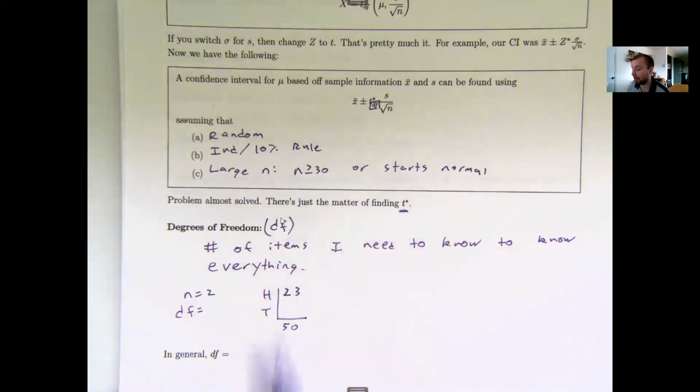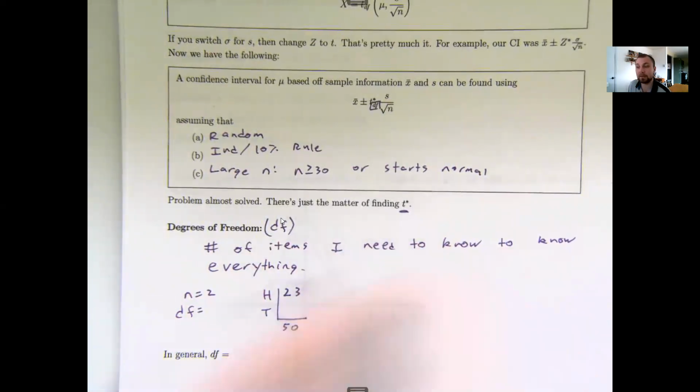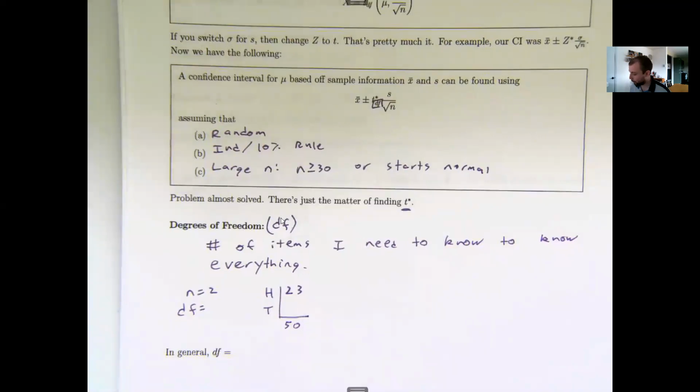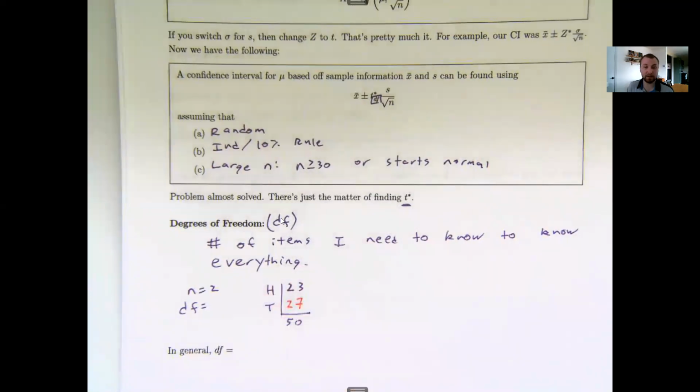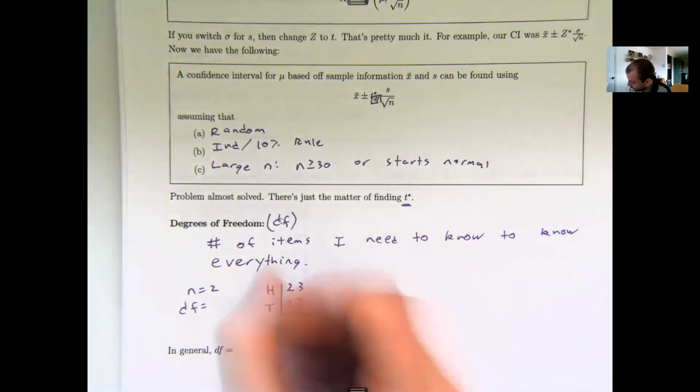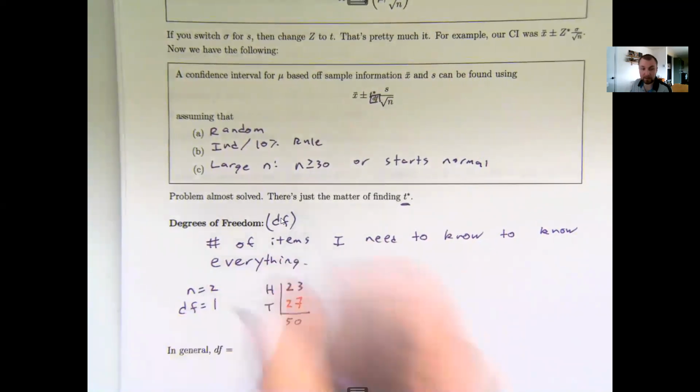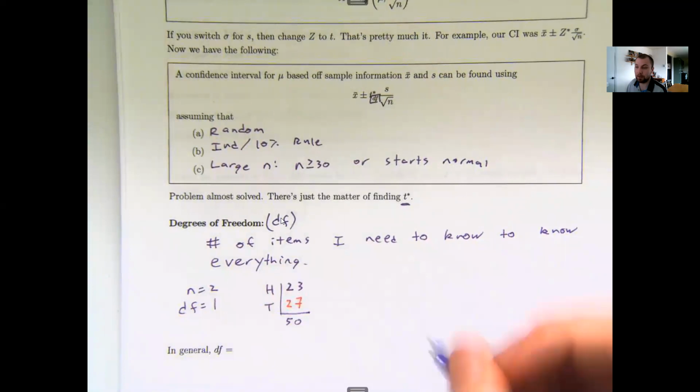I needed to know at least this category to get started. Now with this, I'm wondering, does that fix everything else for me? Well, if I have 23 heads, the remainder, 27, must be the number of tails. So by knowing one of these two categories, I was able to solve for the missing one.